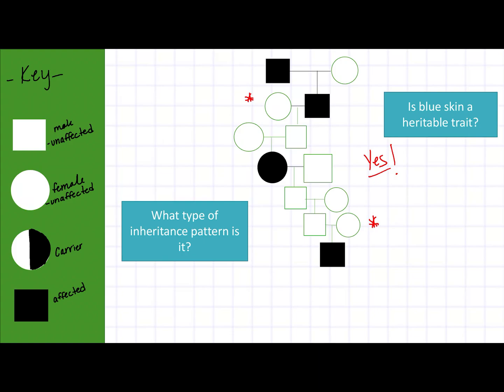So we know that the way that genetics works, in order for the father, let's say we'll use B for blue skin, the father has 2 copies. We know that some of these people have to be carriers. So if this person has 2 copies, then this person must have 1 copy.